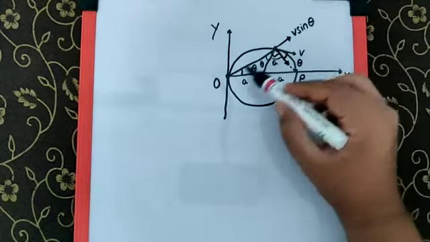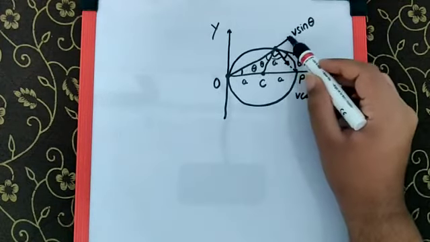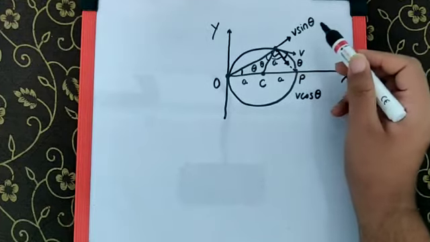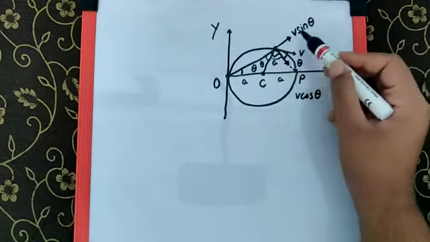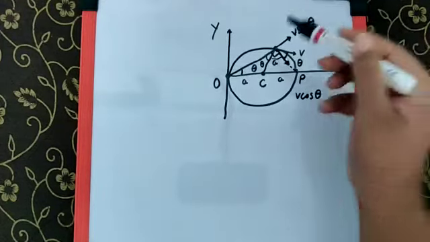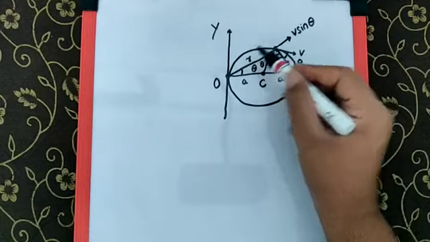Now v sin theta is along the line passing through O. We can say it will have no effect on the angular momentum because there is no perpendicular distance of this v sin theta from point O. But yes, v cos theta does have a perpendicular distance, which we can call r.